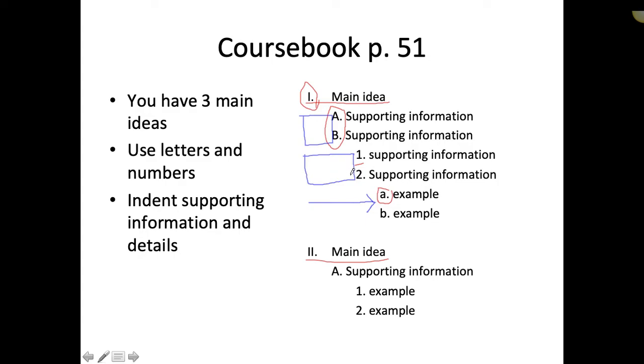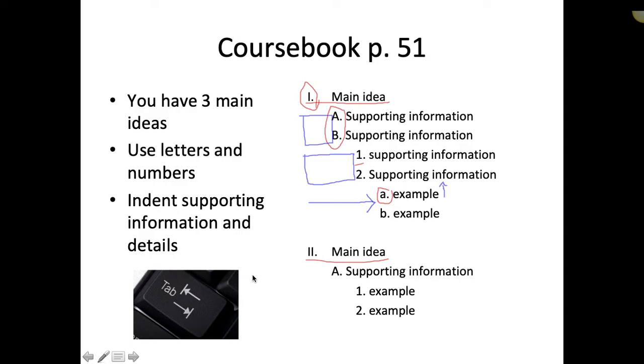And each time I indent, I know that this idea belongs to this idea. And it's really easy to find an idea when I need to. So if you are using a computer, it's really easy to indent by using the tab key on your keyboard.